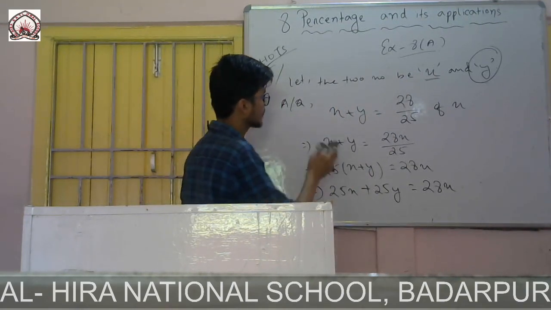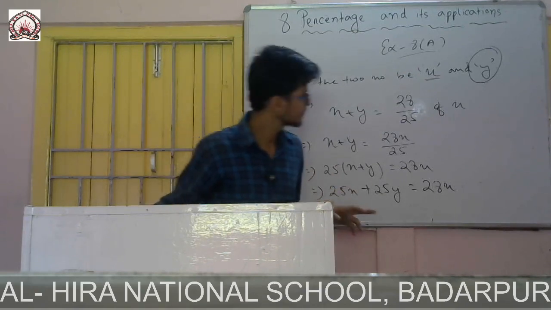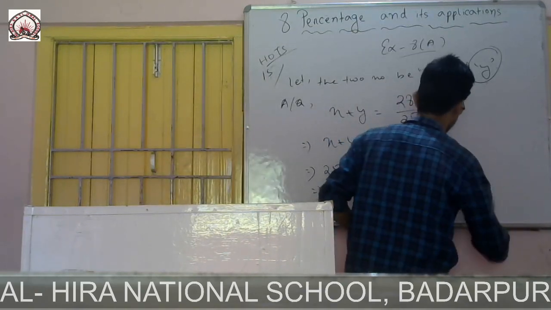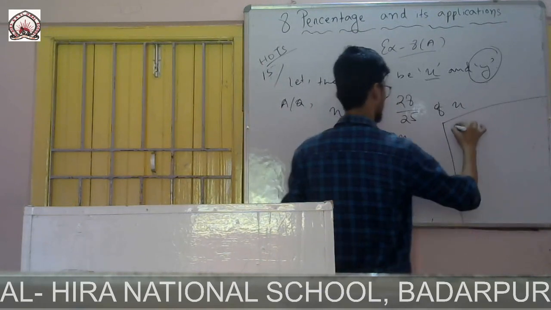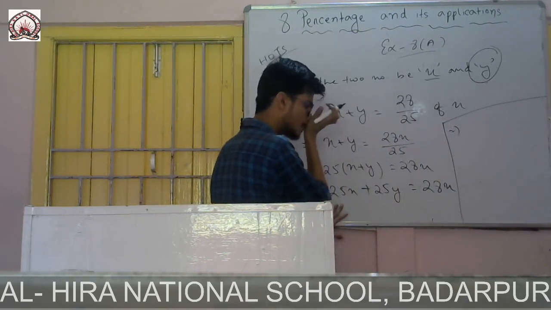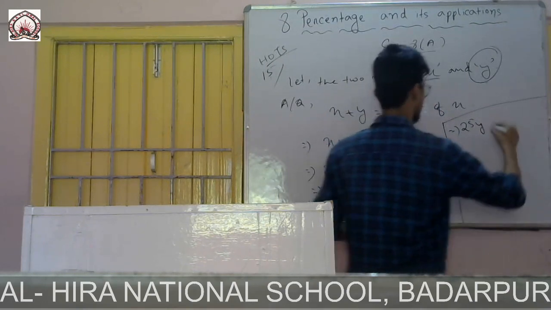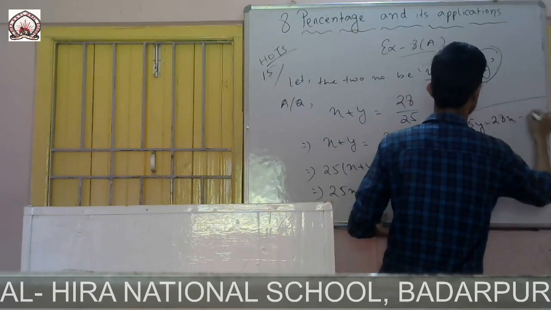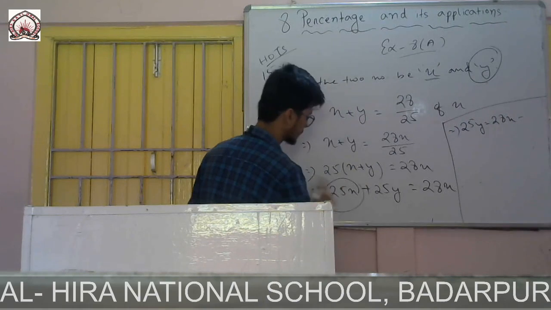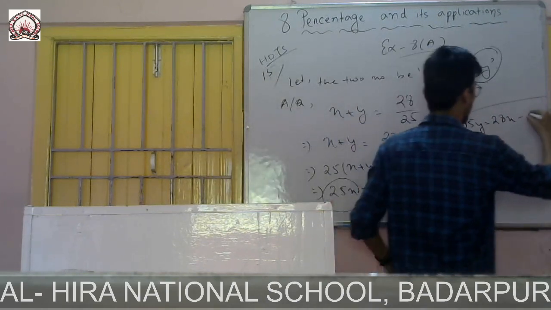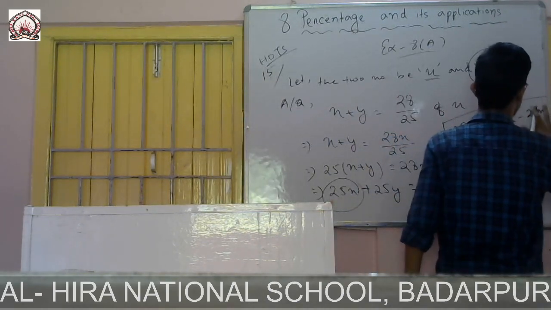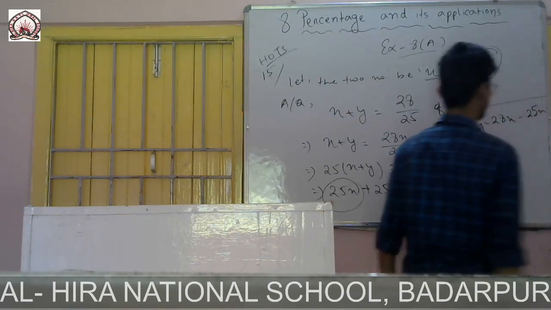Let me do it on this side. 25y will be on this side, equals 28x minus 25x.